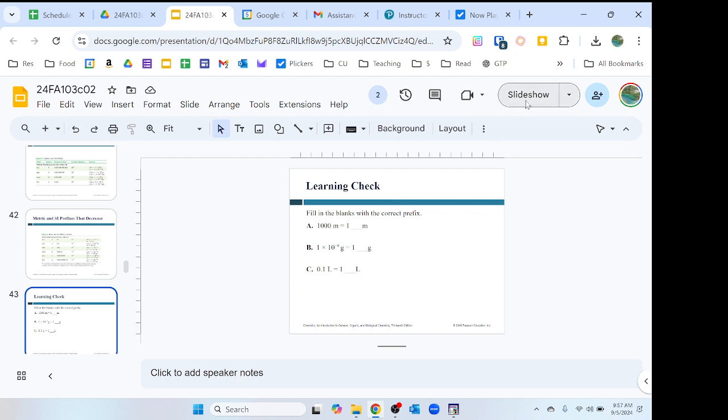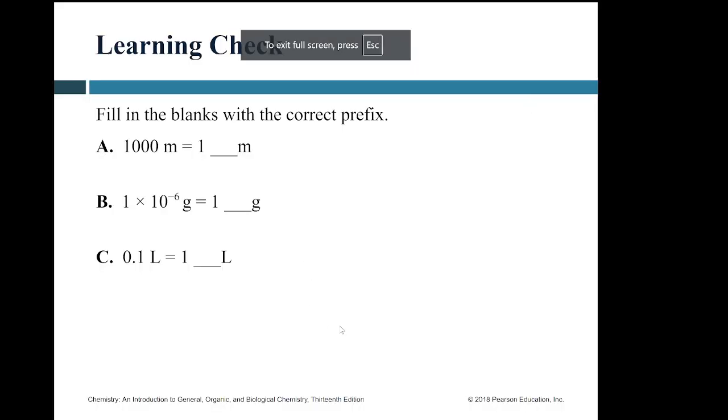All right. So, 1,000 meters. What sort of prefix should you use for that to be a 1? Kilometer. You got it. 1 × 10⁻⁶ grams. Micro, exactly. Microgram. 0.1 liter.